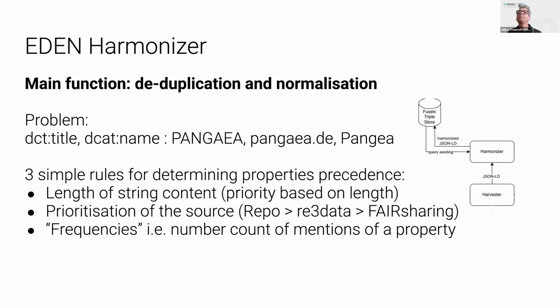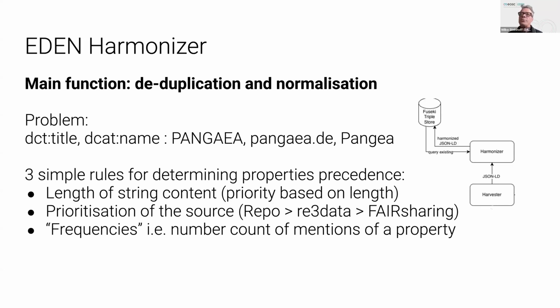Its main function is deduplication and normalization of the data submitted there. If we collect our data from multiple sources, we have a problem. Mostly there are key-value pairs, and that could be doubling, like DC terms title, for instance, or a DCAT name.